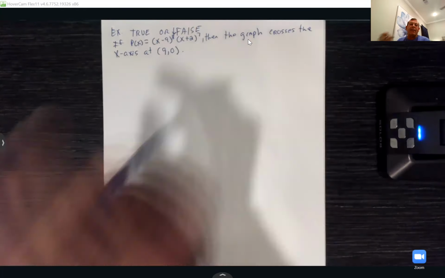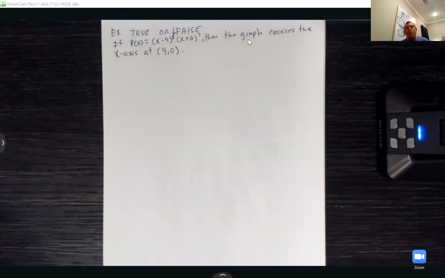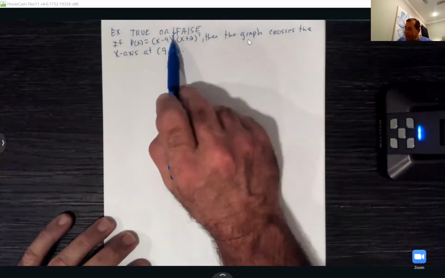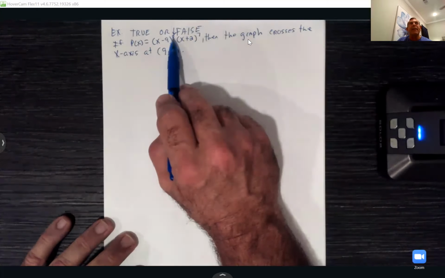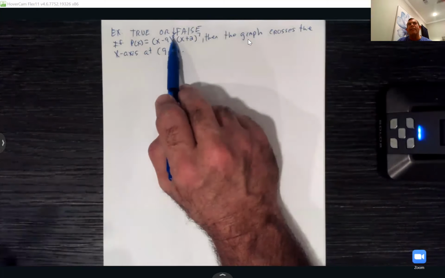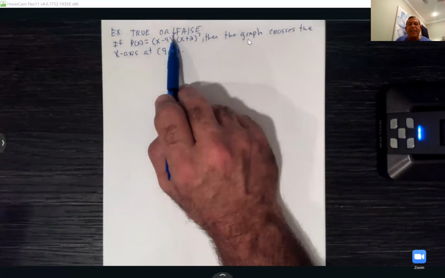So I'm looking at its multiplicity of an 8. So a while ago, when I was talking about multiplicity, if it was even, it did one thing. If it was odd, it did something different. So for even multiplicities, I said those zeros were tangent to the x-axis.